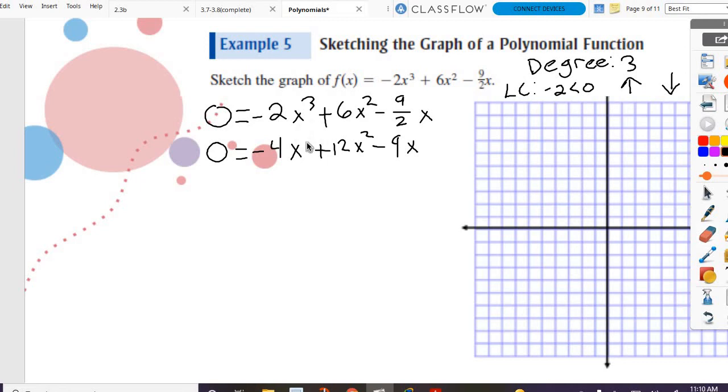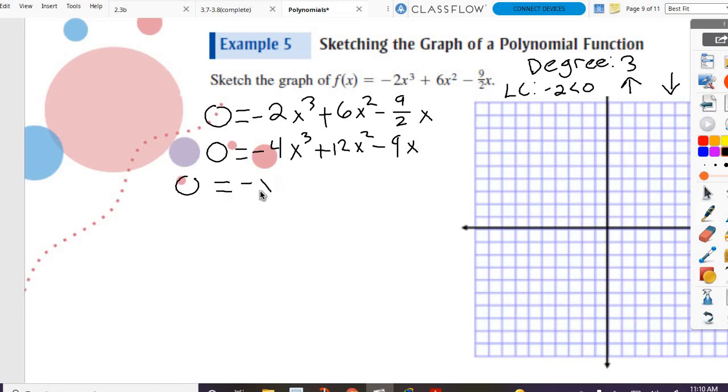So now, what could we factor out? We can factor out an x. Can we factor anything else out? Yeah, we would probably want to factor out a negative because, remember, it's usually easier for us to factor things when our leading coefficient is positive.